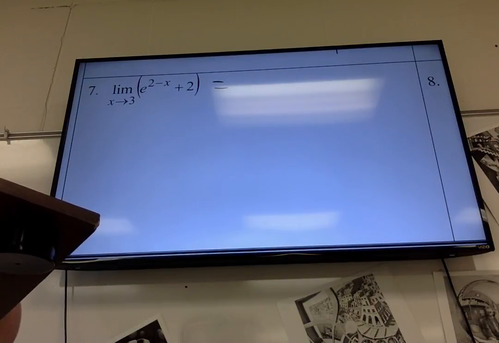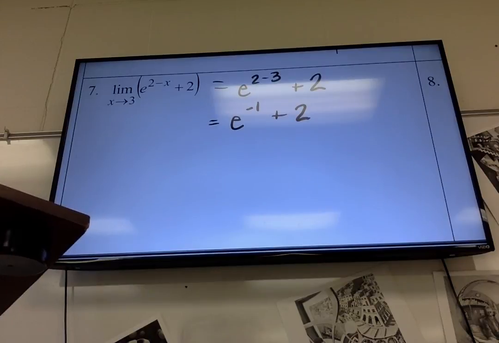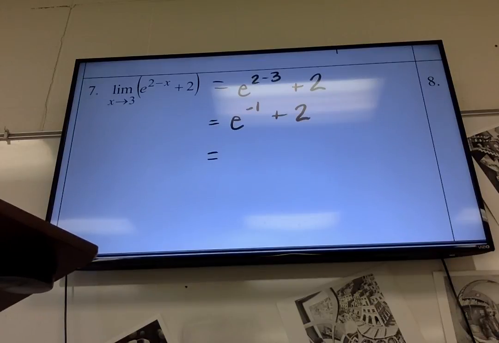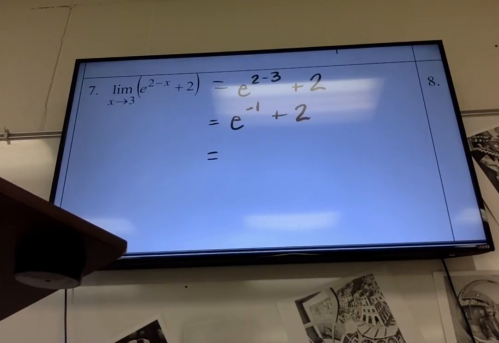So we have e to the 2 minus 3, plus 2. That's e to the -1, plus 2. E to the -1, how can I rewrite that so it doesn't have a negative exponent? 1 over e.